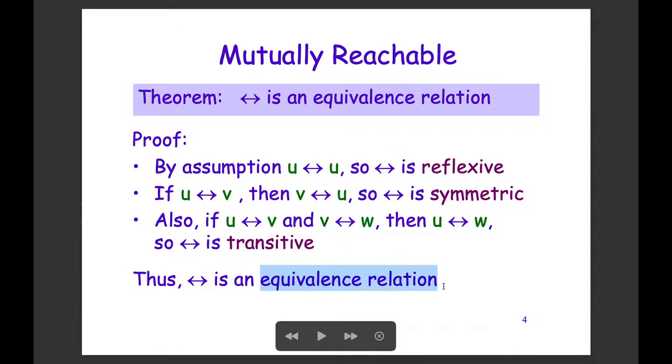Equivalence relation means that we consider these vertices equal to each other, just like the equal sign. Here we can classify the vertices of the graph by whether they are equal or not, and equal here means whether they are mutually reachable or not.